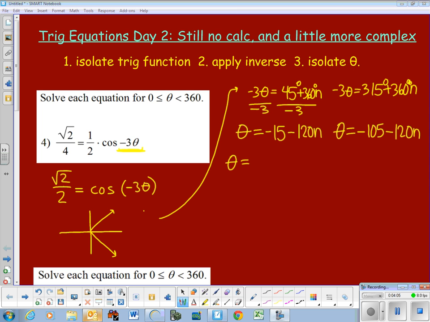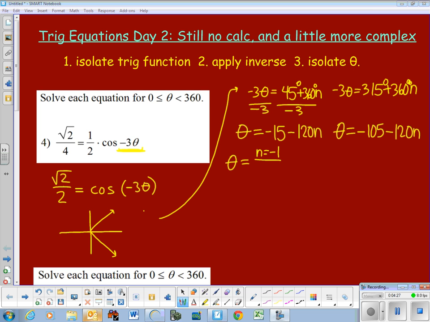So starting with this first one, if I have negative 15 minus 120n, then if I let n be 0, I get negative 15. If I let n be 1, 2, 3, I'm going to subtract 120 and just get further into the negatives. So technically, I need to let n be negative 1.